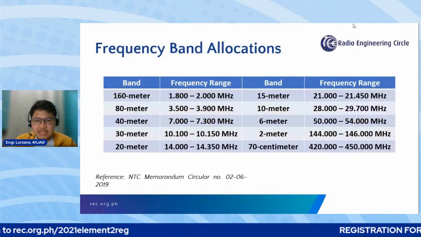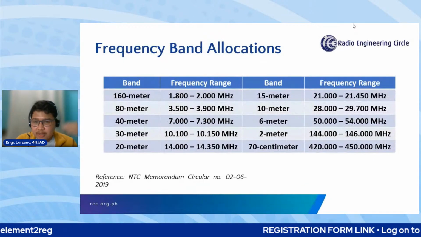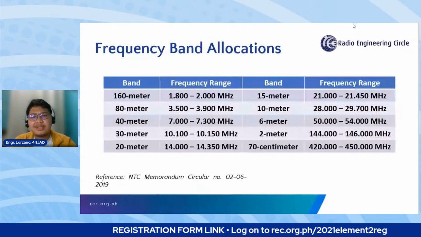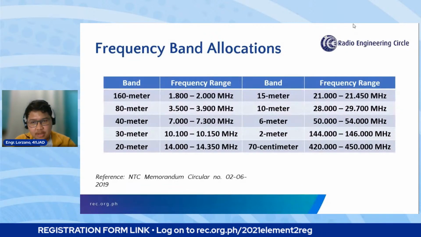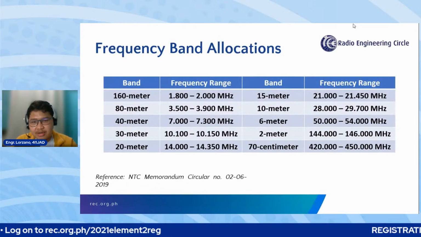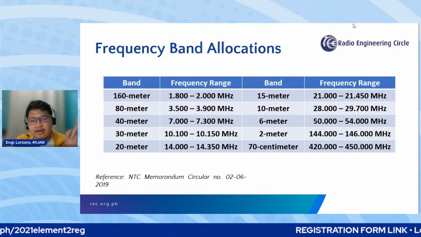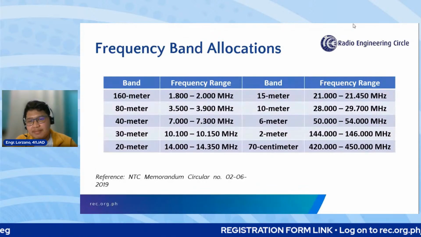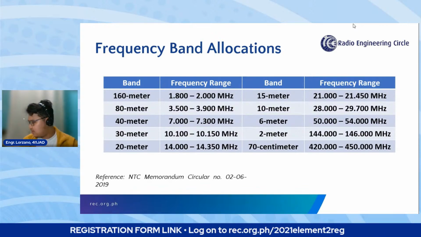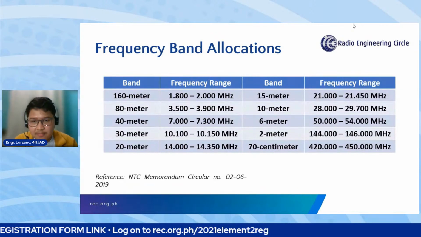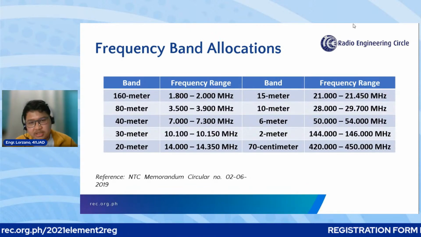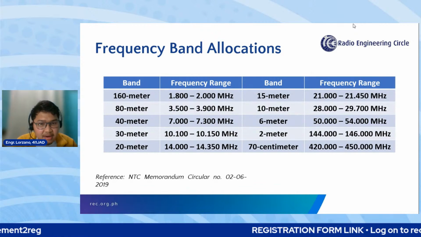So, let's have the frequency band allocation. Ito yung mga frequencies allotted for amateur radio. So, meron tayong 70 centimeter, 2 meter, 6 meter, 10 meter, 15 meter, 20 meter, 30 meter, 40 meter, 80 meter, and 160 meter. So, si 70 centimeter, meron siyang 420 to 450 megahertz.